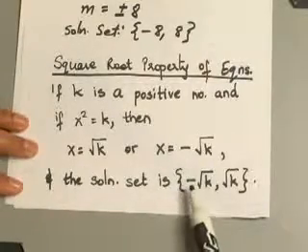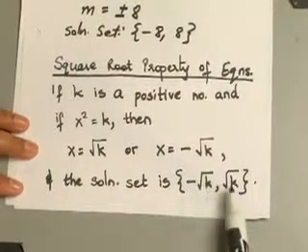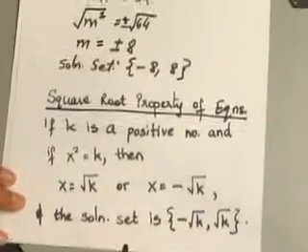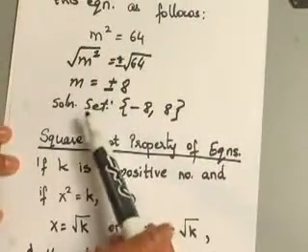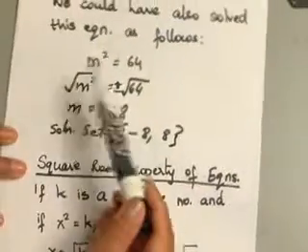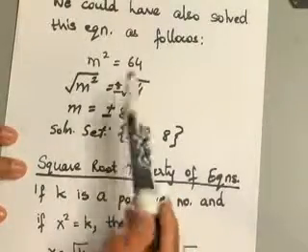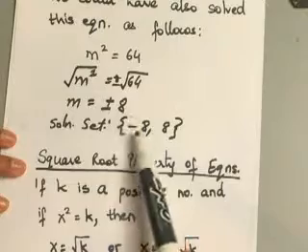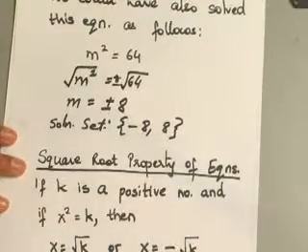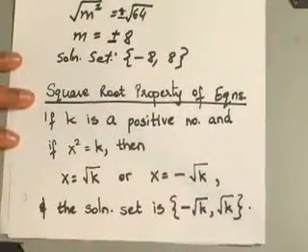That is what happened here. In this example, you took m squared equals 64, you took square roots of 64, which gave you positive and negative 8 as your answers.